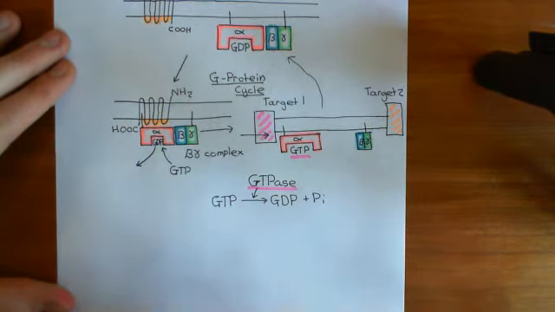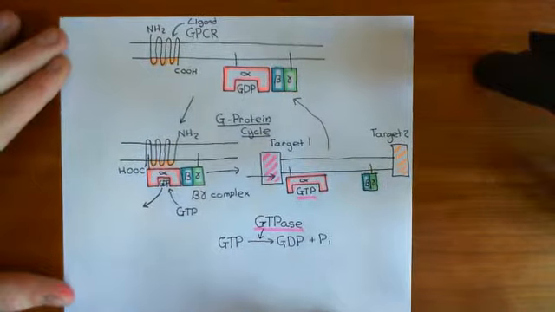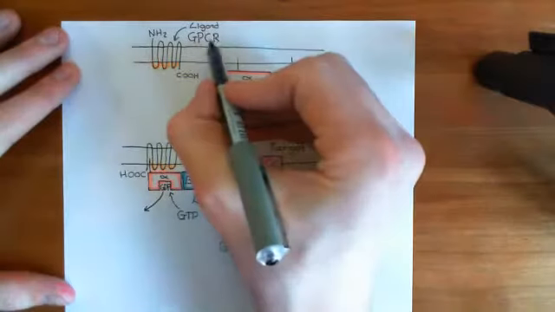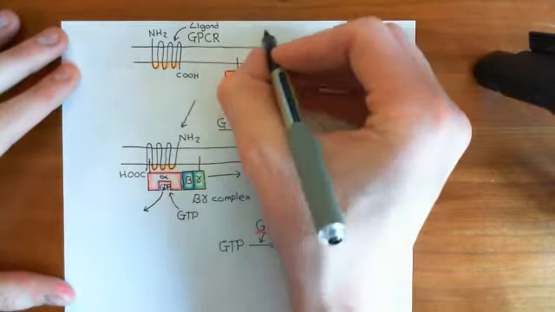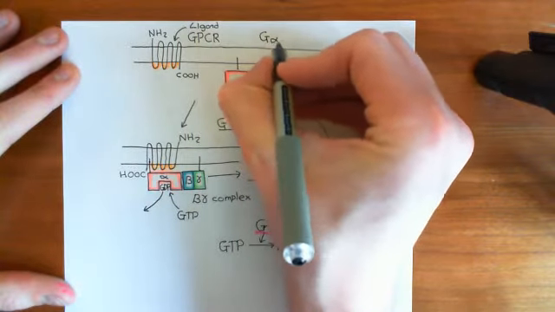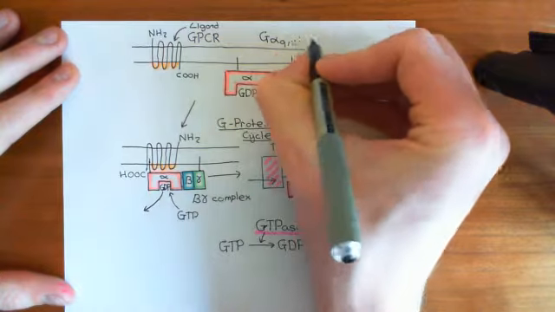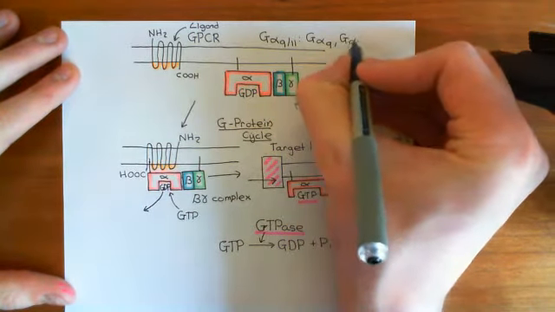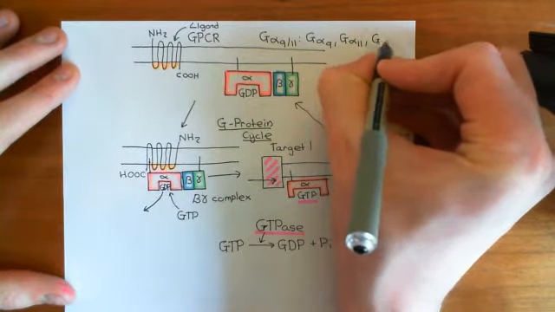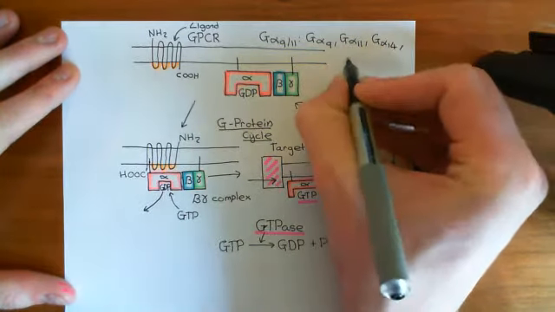Let's now put some specifics on here. Okay, so we're now going to be working with a G protein coupled receptor that binds alpha subunits that are in the G alpha Q/11 family. Okay, so either G alpha Q, G alpha 11, G alpha 14, or G alpha 15/16.